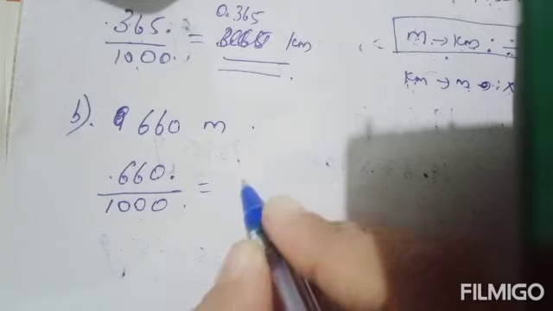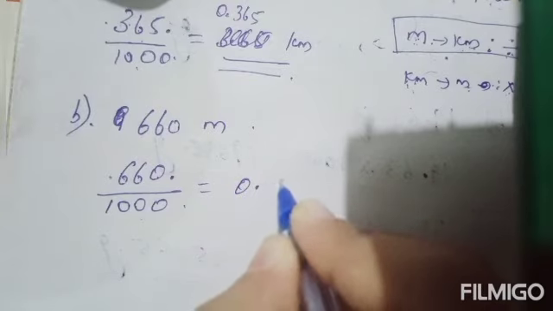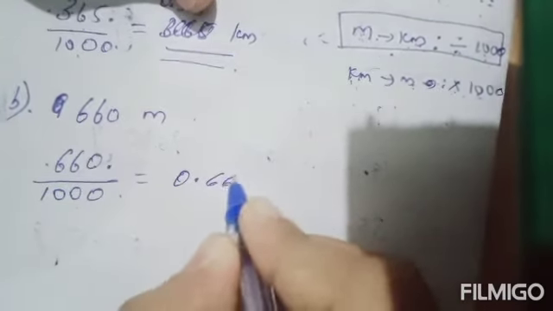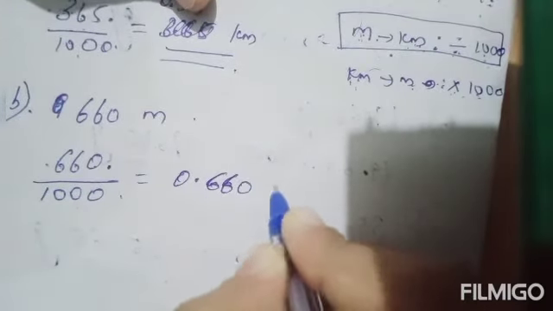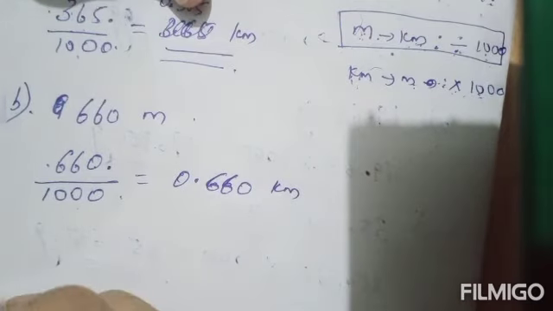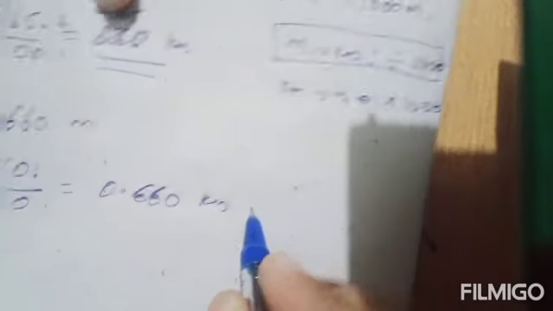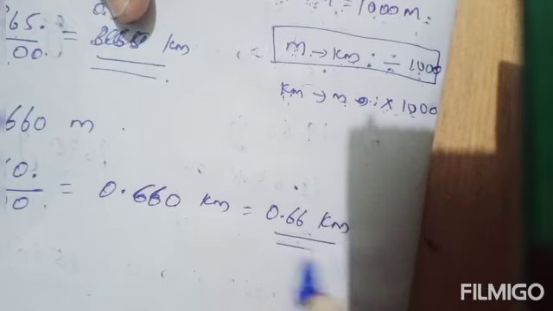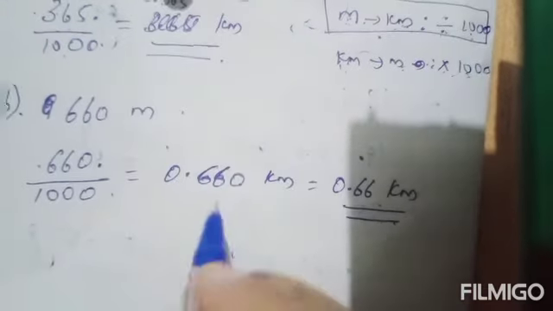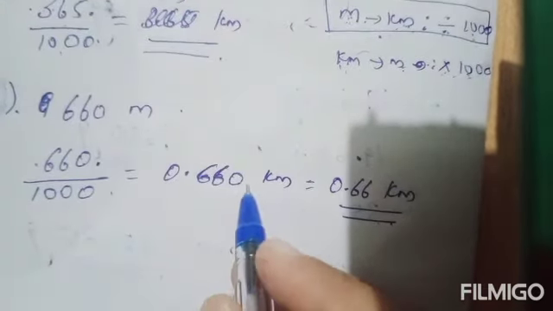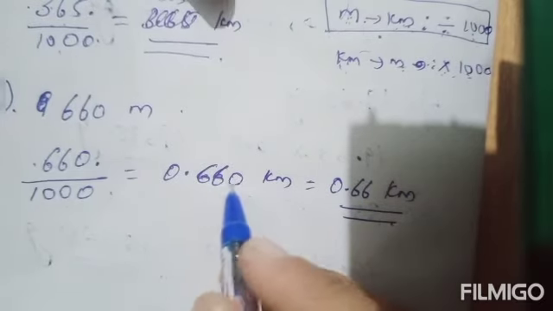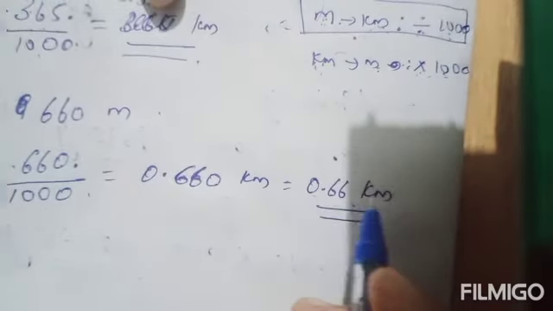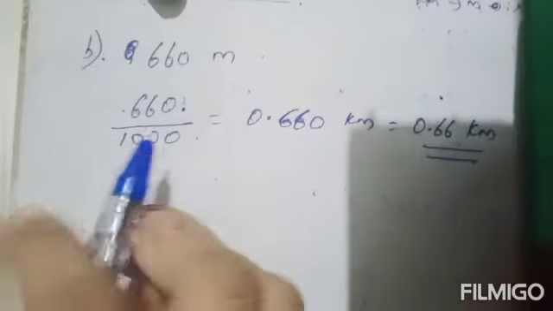Here will be the decimal point, that is 0.660 kilometer. Now this 0 has no value, so you can write 0.66 kilometer. Zeros at the right end after the decimal point have no value. So 0.66 kilometer will be the answer.